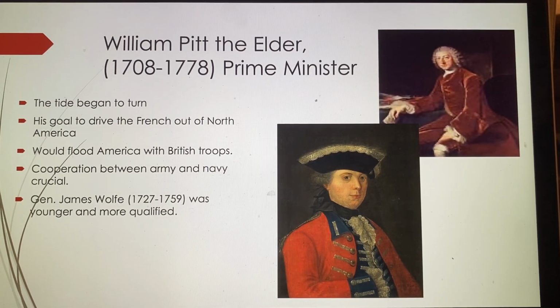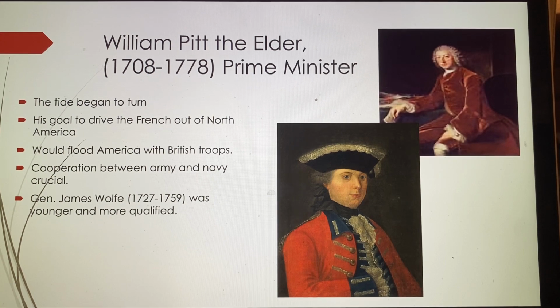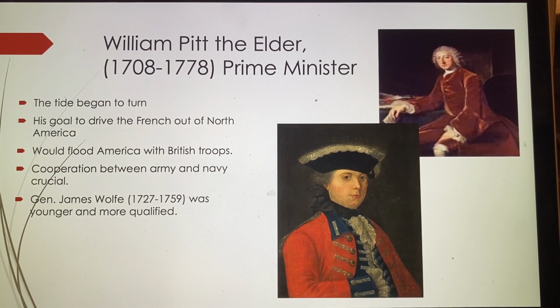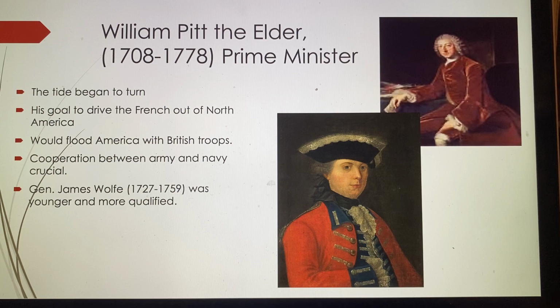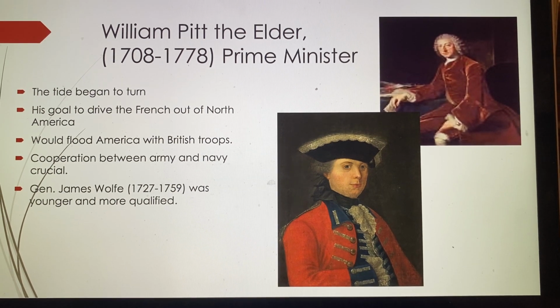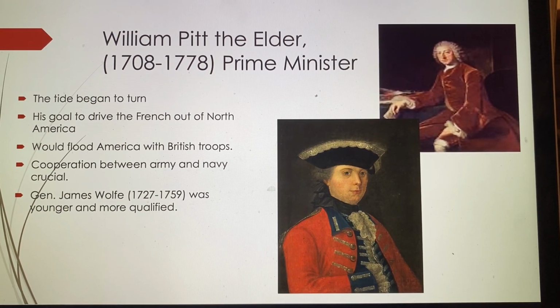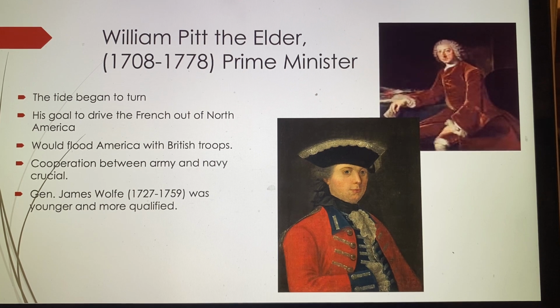William Pitt the Elder, 1708 to 1778, became prime minister then. When he became prime minister, things got better in the French and Indian War, and the tide began to turn. His goal was to drive the French out of North America altogether.